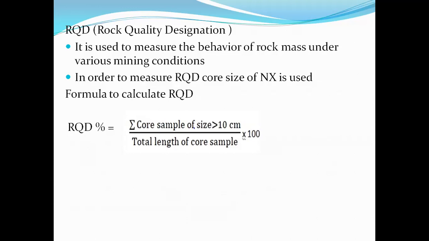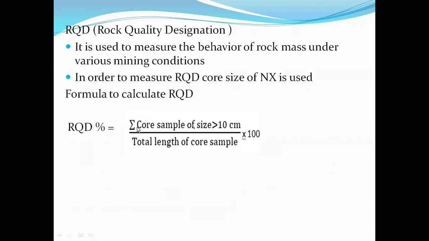The formula used to calculate RQD is: RQD in percentage is equal to the sum of the core pieces whose size is greater than 10 centimeters. In some books, it is given as greater than or equal to 10 centimeters. So sometimes we need to include the 10 also on the positive side.